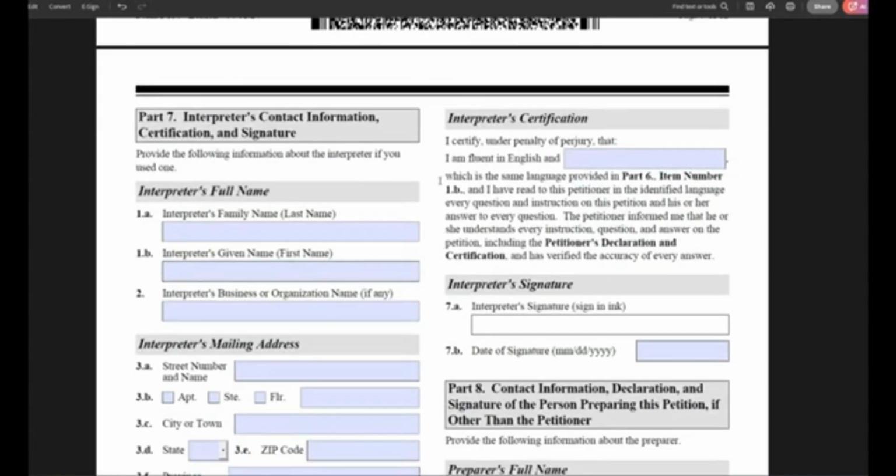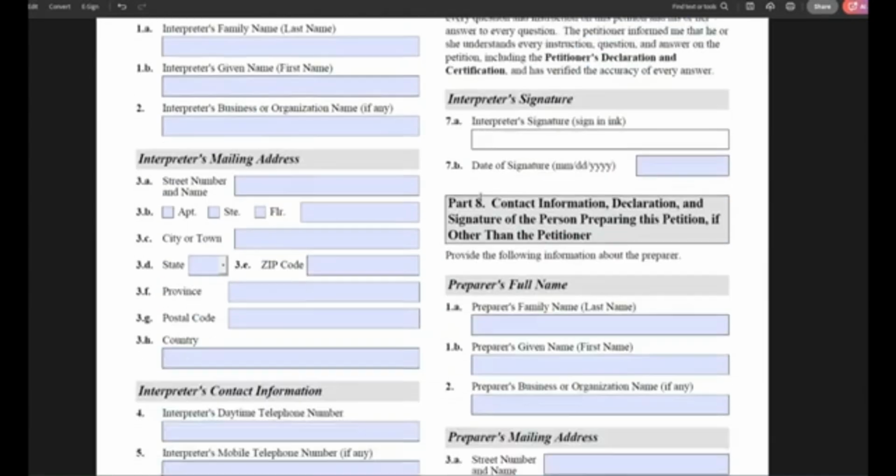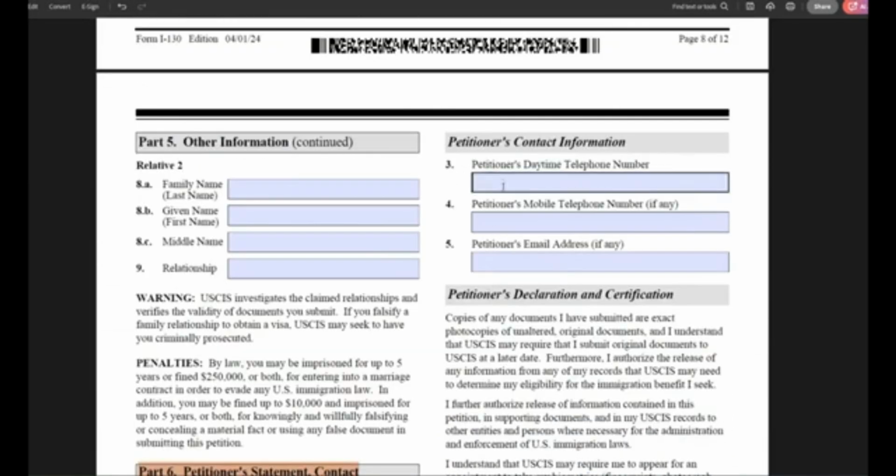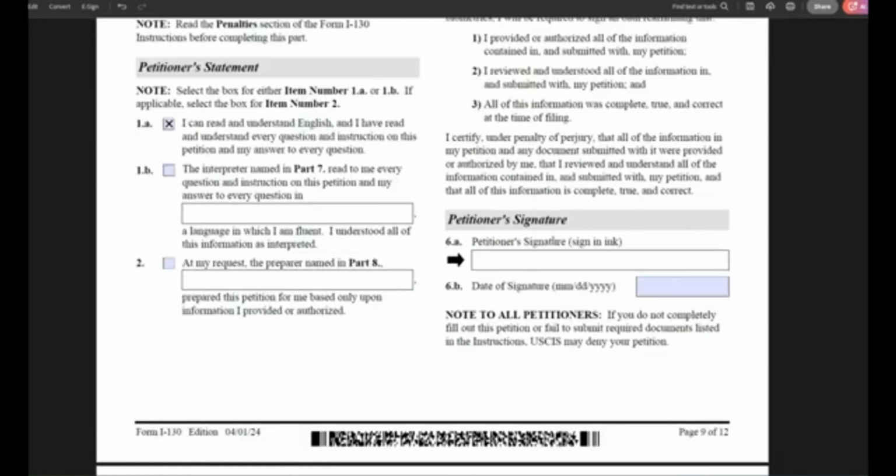If you scroll to the next sections, you will need to provide the names of those interpreters or preparers who prepared this for you. Then provide the petitioner's daytime phone number, a mobile phone number. If it's the same, you can leave it blank or simply repeat it, and petitioner's email address, signature, and date.